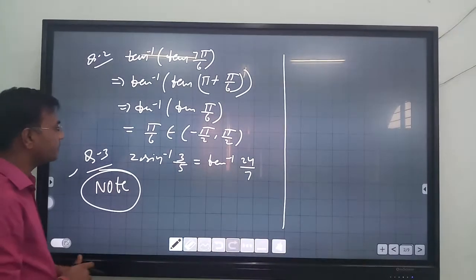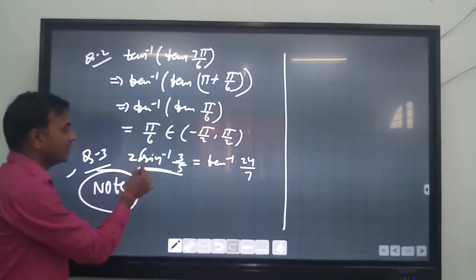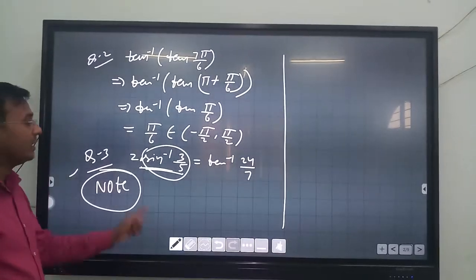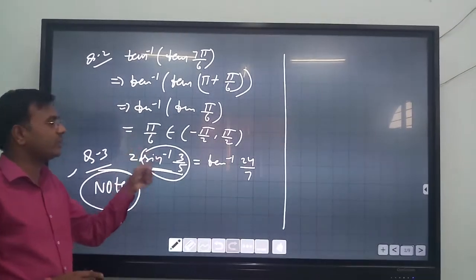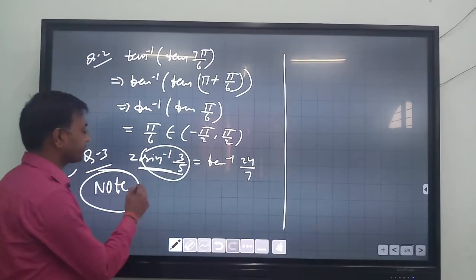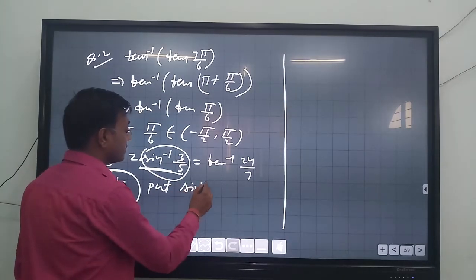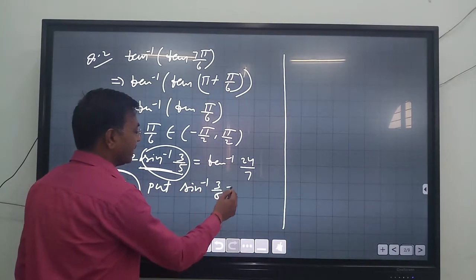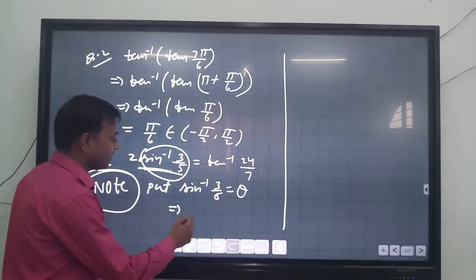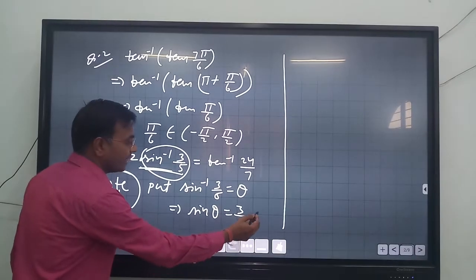So what we will do, we will convert this sin inverse 3 by 5 into tan inverse. And after that the 2 tan inverse identity will be applied. So how do we convert this? First of all we put sin inverse 3 by 5 equals theta. So this implies sin theta equals 3 by 5.